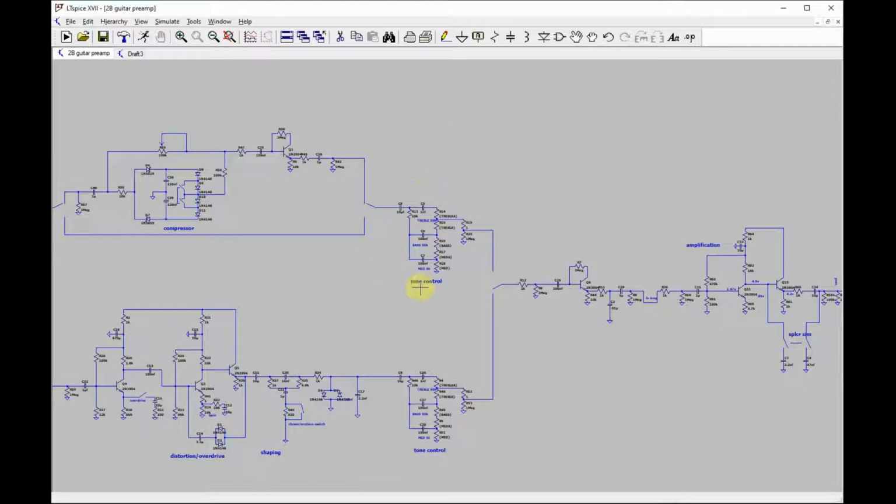And these tone stacks have an obligatory mid-range cut that you can't get rid of, even if you turn the mid all the way up. So the signals get tamed down quite a bit before they get into here.